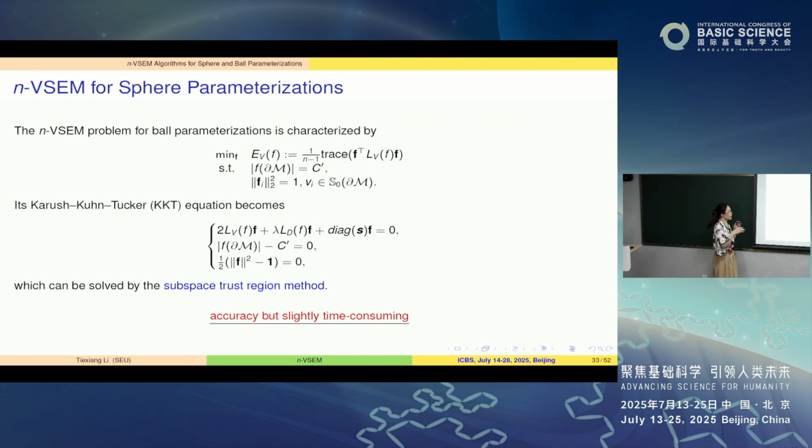Then based on that initial result, we use the trust region method to get a more accurate result. The trust region method is accurate, but it's slightly time consuming. It's not so efficient, but it can get a more accurate result.